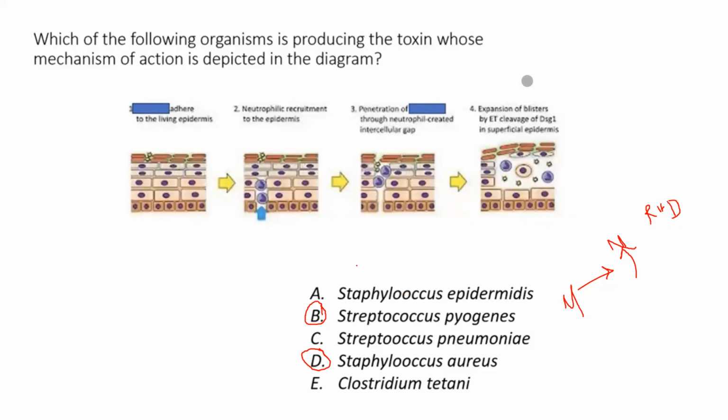Someone here said A, and please don't confuse epidermidis for it just because it causes skin infections. Not really, because it's normally there on the skin. So remember what we mentioned for this? What does this cause? In what situations would we expect it to be there? Yes, it is slimy, so it tends to stick to catheters, exactly.